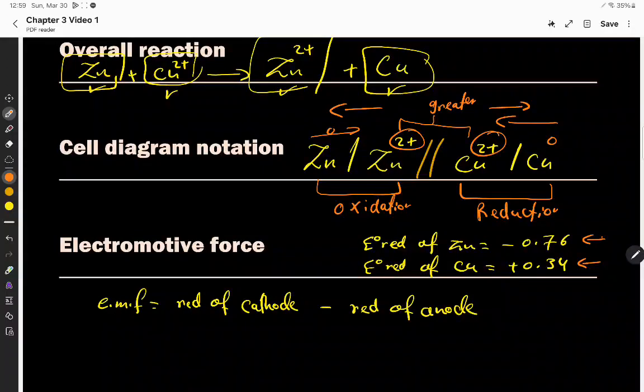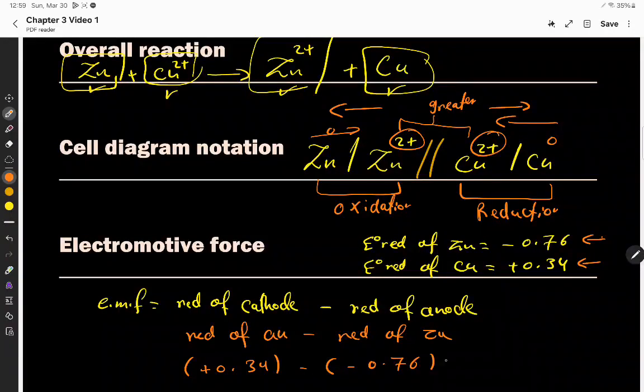The rule says electromotive force is the reduction of cathode minus the reduction of anode, which means the reduction of copper minus the reduction of zinc, which is positive 0.34 minus negative 0.76, which equals 1.1 volt. It is the same as before, but this is how we calculate it in both ways, whether we have an oxidation potential and a reduction potential, or both reduction potentials.